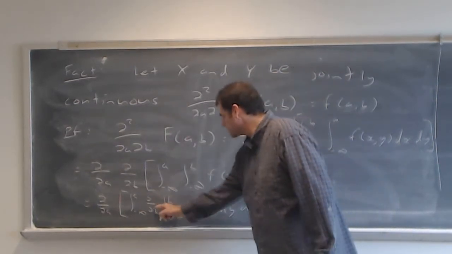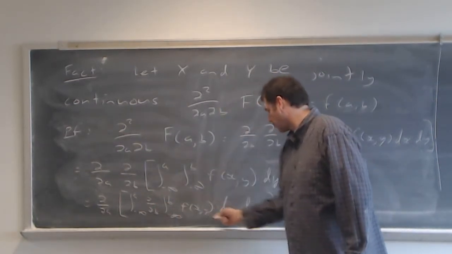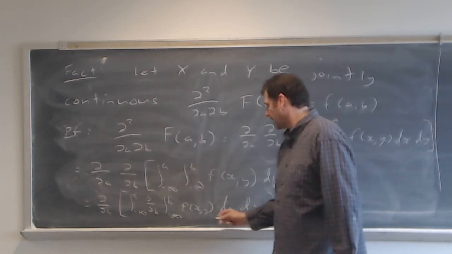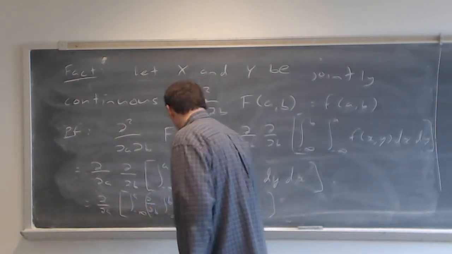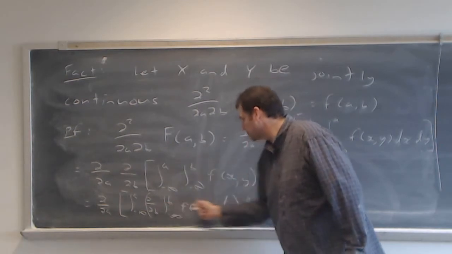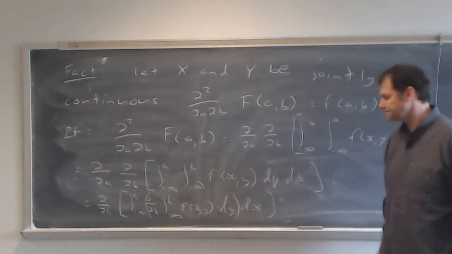Now, this partial derivative of this function, where we're just integrating with respect to y, I'm going to think of this as an iterated integral, and so we're just doing the partial derivative of just this part. Okay?